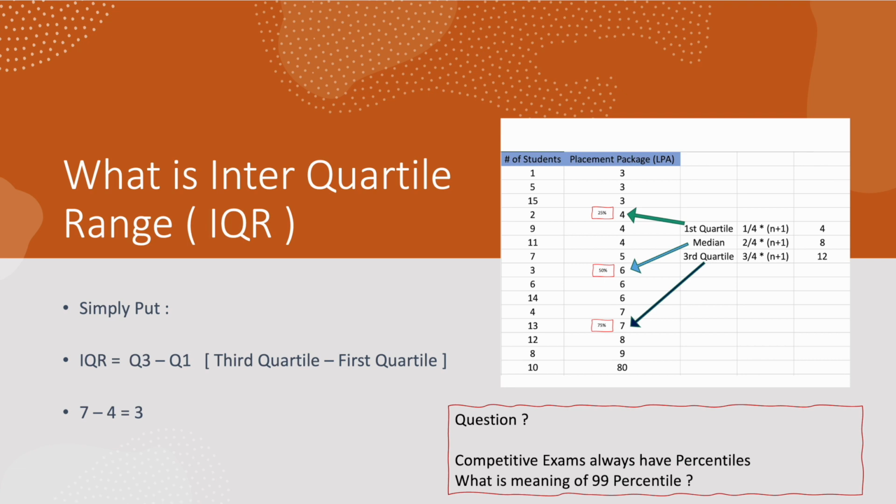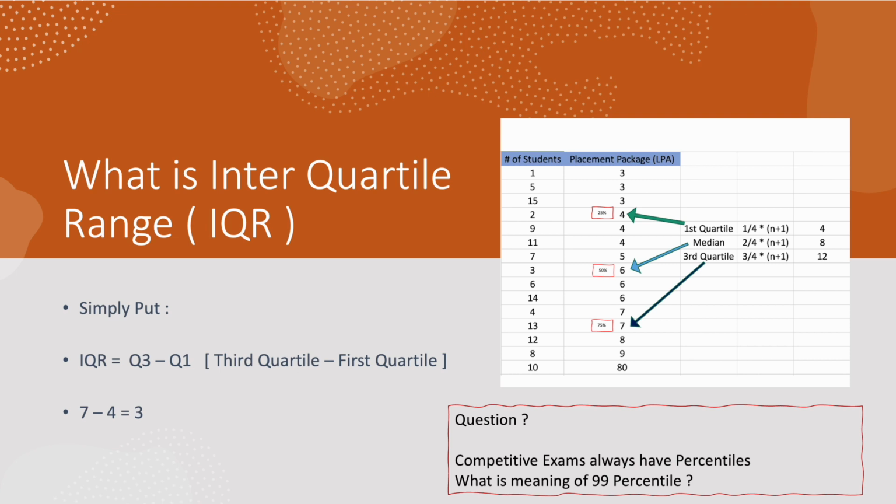So 99 percentile means that 99% of the people are before he or she. 99% of the people got less than what that person got as marks, if it's a competitive exam, let's say, and only 1% of the students who appeared for the exam got more than that. So that's what 99 percentile means.